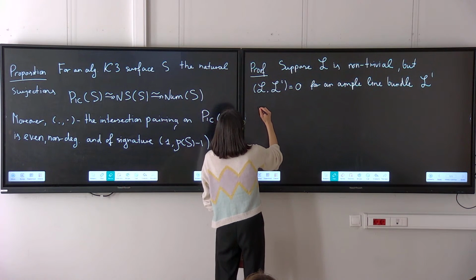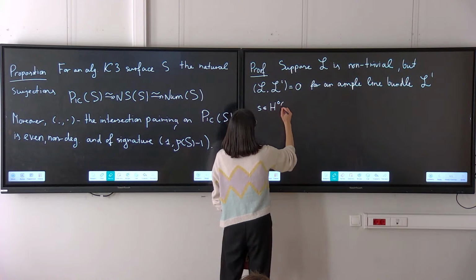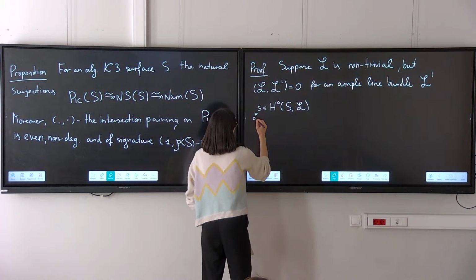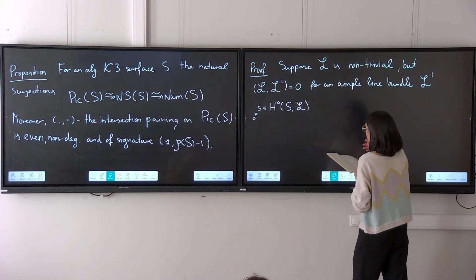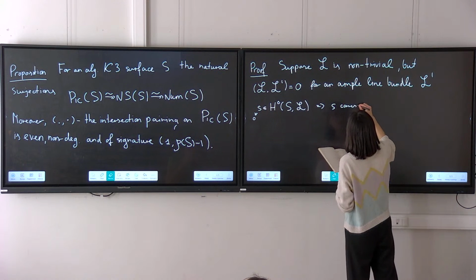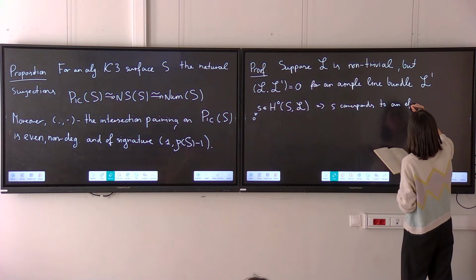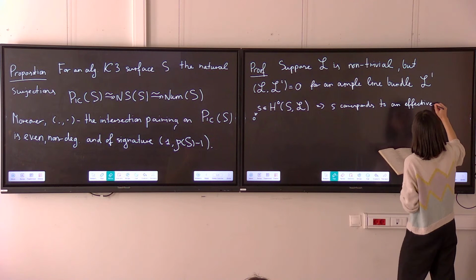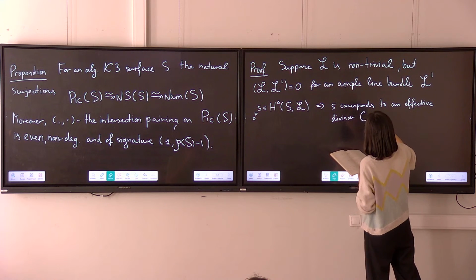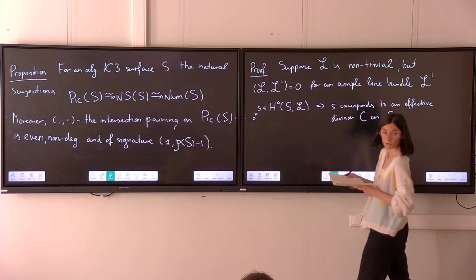So suppose that we have a global section of L on S that is not equal to 0. In this case, the section corresponds to an effective divisor C on our surface S. Do we always have such a section?